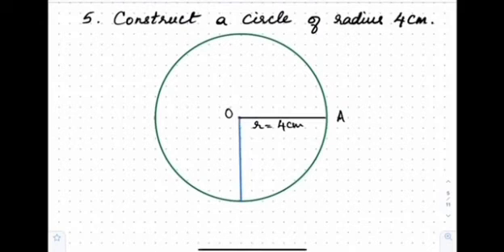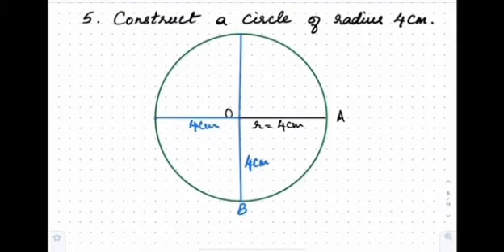If you check, this also would be 4 centimeters. So like this, we can draw any number of radii. Radii is the plural of radius. See, this also happens to be 4 centimeters. And if you want to draw another line here, here also it is 4 centimeters. You can name it as C and D.